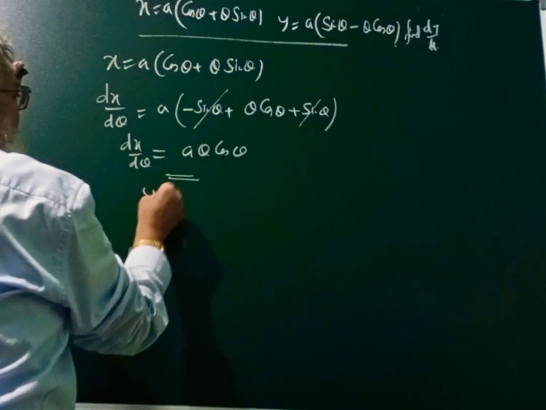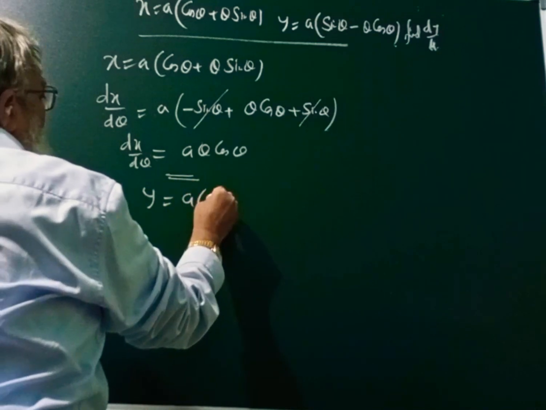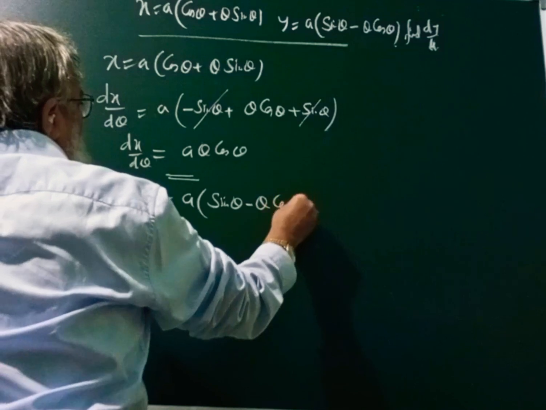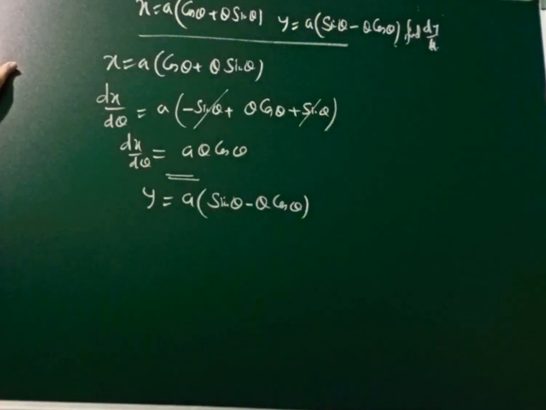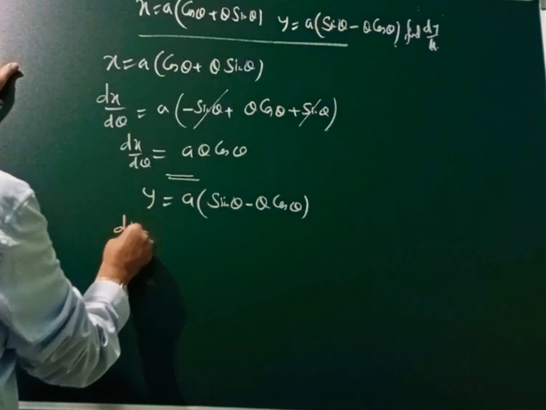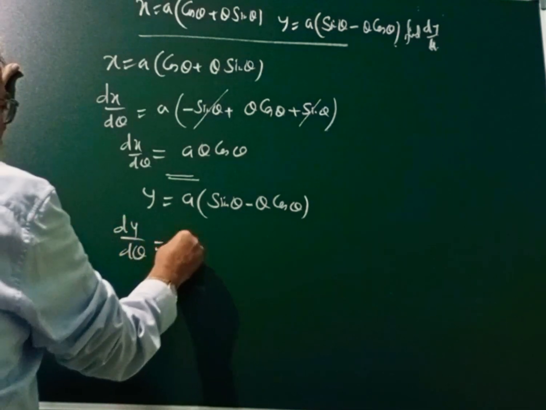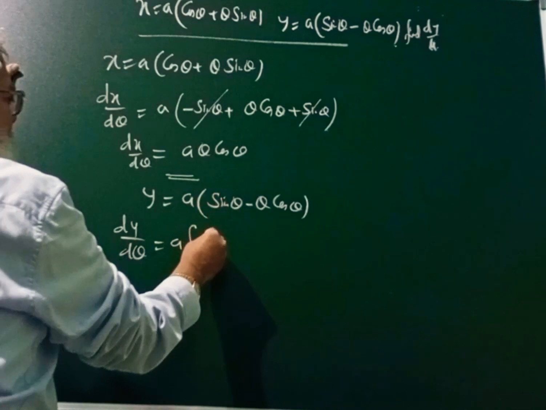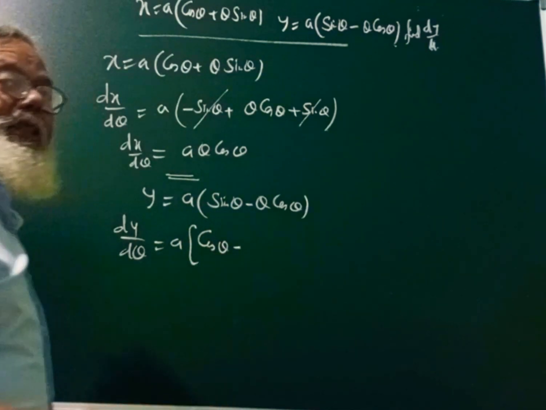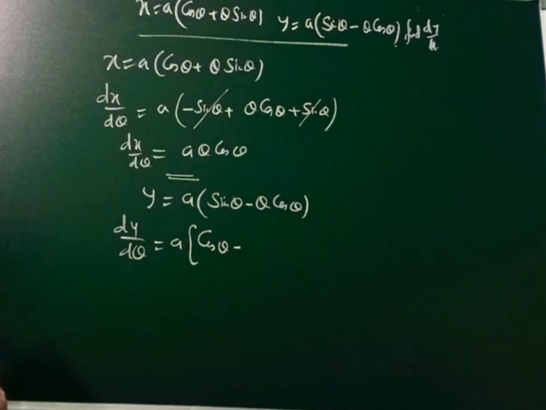Now let us consider y. y is equal to a sin theta minus theta cos theta. Now we have to differentiate with respect to theta. dy by d theta is a, differentiation of sin theta is cos theta, minus. Now again to differentiate theta cos theta, we apply the product rule.